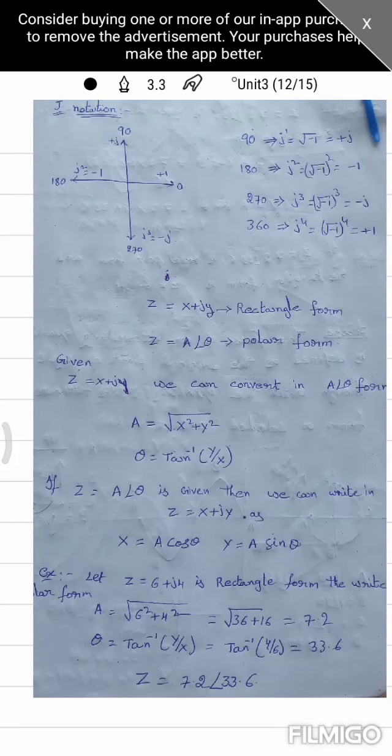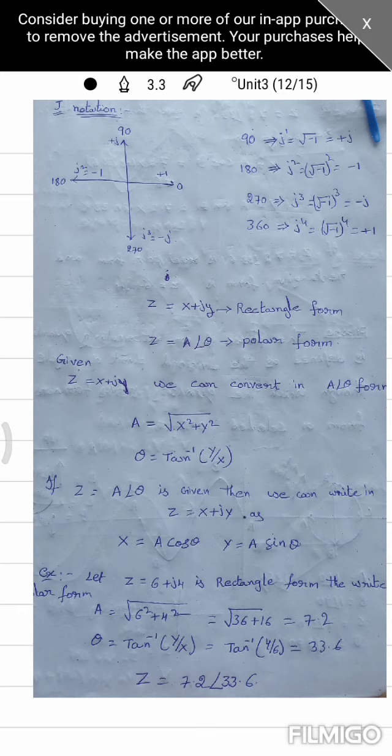So let us see how this J notation is used in our electrical subject. Generally we use the I term in complex numbers, that means A plus J. Up to now you have used complex numbers like A plus IB or X plus IB.